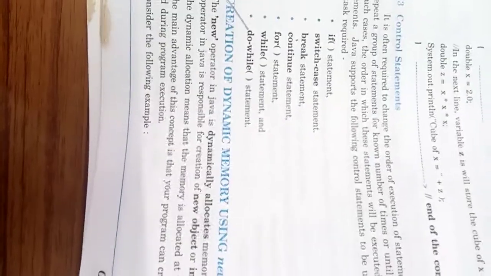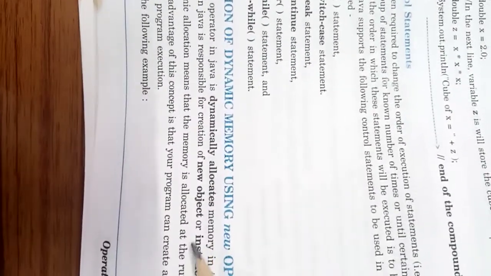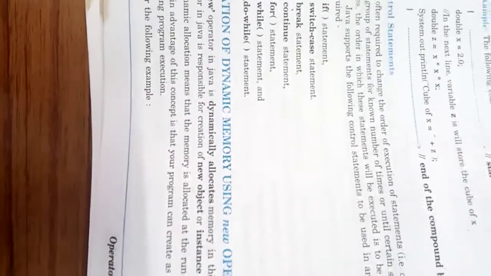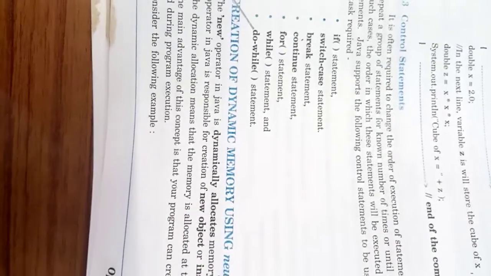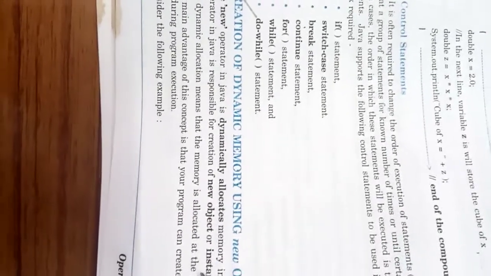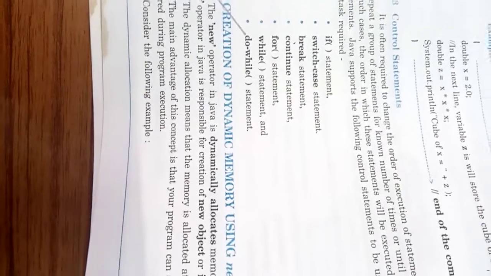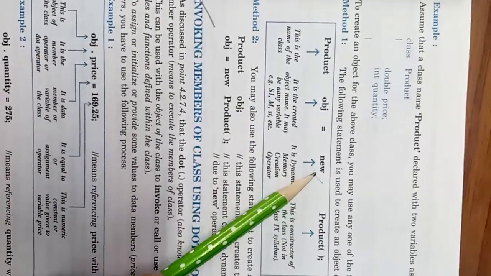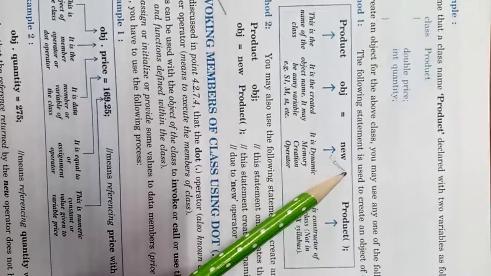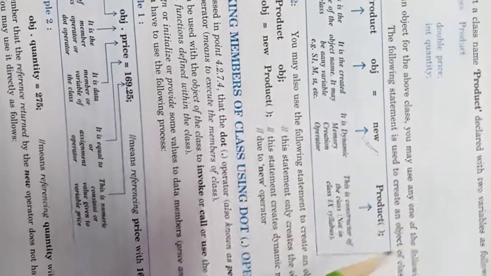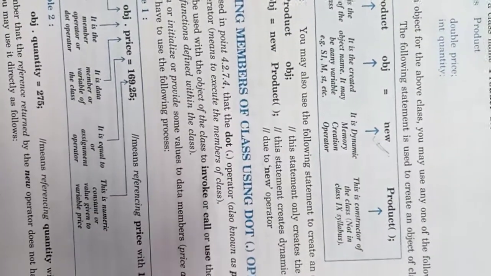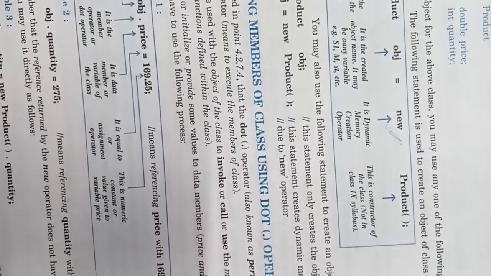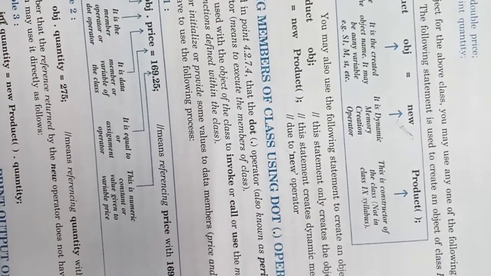Dynamic allocation means the memory is allocated at the runtime of the program. The main advantage of this concept is that your program can create as many objects or memories as required during program execution. And here is the example of use of the new operator. Simply you need to know that new is an operator used to create an instance or object of a class.